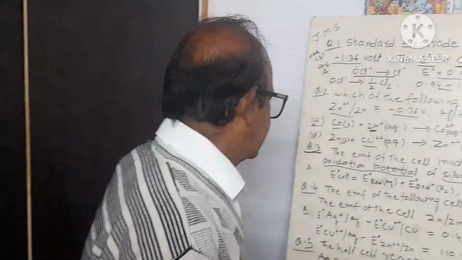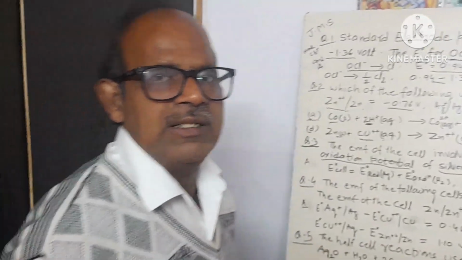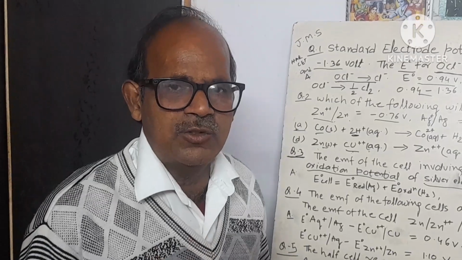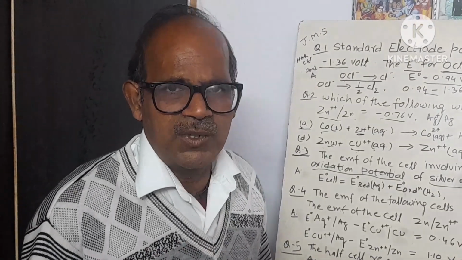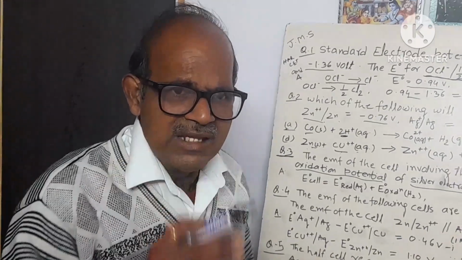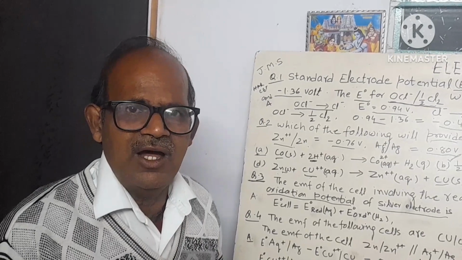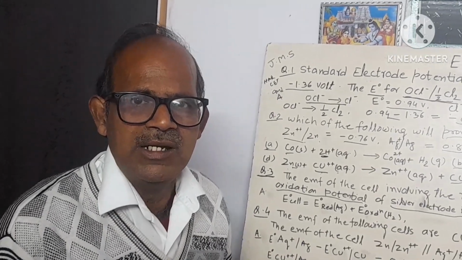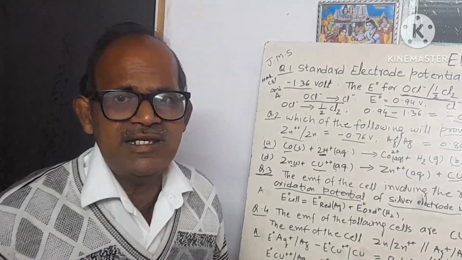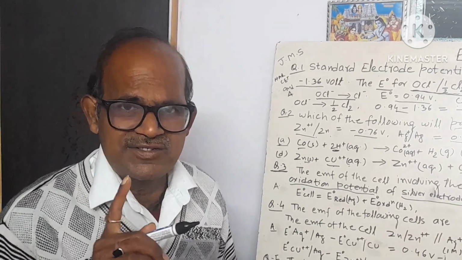Now see here how we will calculate. Again, I told you, E cell you can calculate in 2 ways. E cell is equal to E oxidation potential plus E reduction potential. This is one way to calculate E cell. Second, many times I told you, E cell is equal to E cathode minus E anode. In any way you can calculate, the result will be the same.